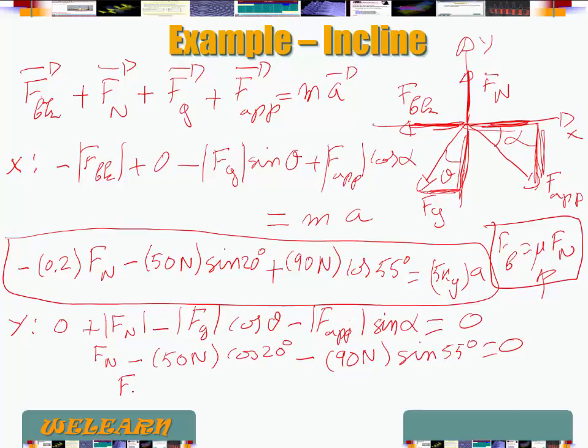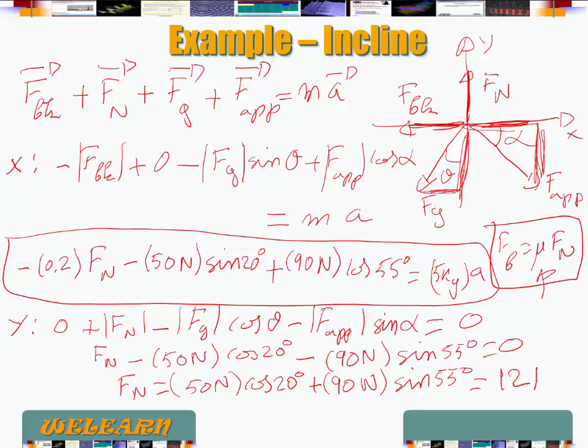So we solve for it. Fn is 50 newtons cosine of 20 plus 90 newtons sine of 55. And that's equal, if I didn't make any error in my calculation, to 121 newtons. That's my normal force.